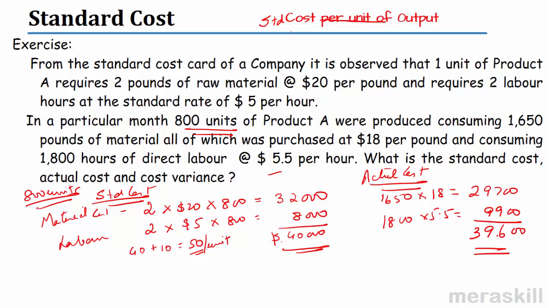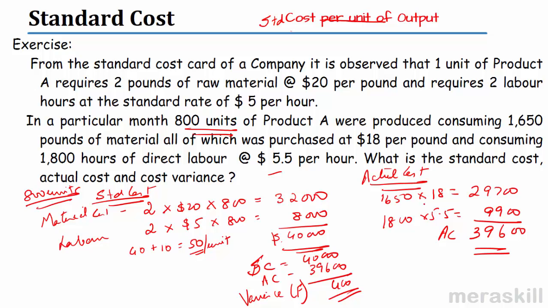39,600. So the standard cost is 40,000, actual cost is 39,600, and the variance is a favorable variance. Standard cost 40,000, actual cost 39,600. Therefore, what is the variance? A favorable variance, mind you, of $400.